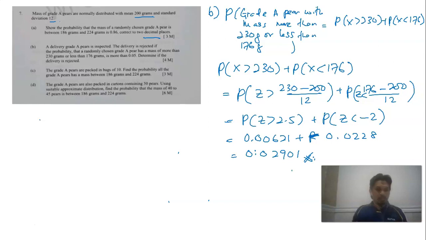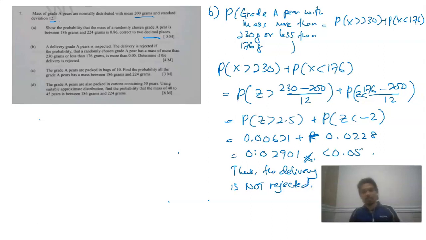So 0.02901 is less than 0.05. So the conclusion is that the delivery is not rejected, because the recall probability is less than 0.05.